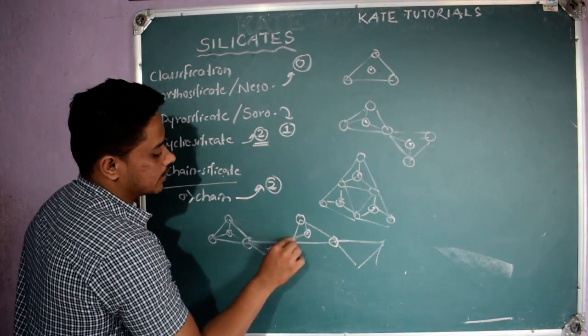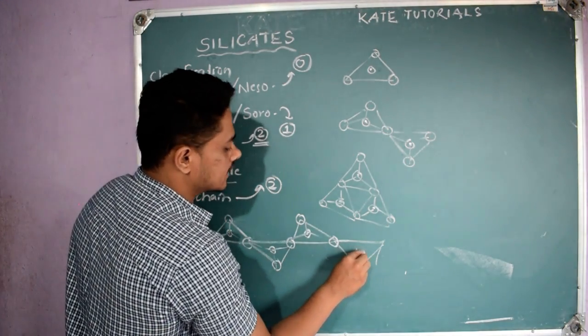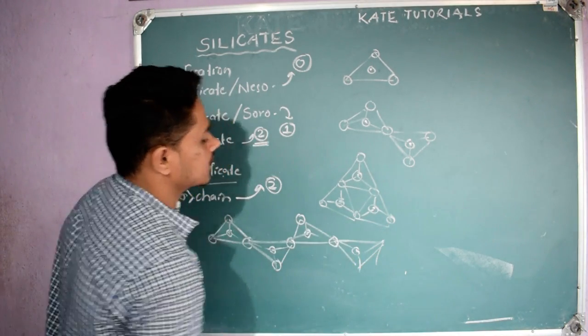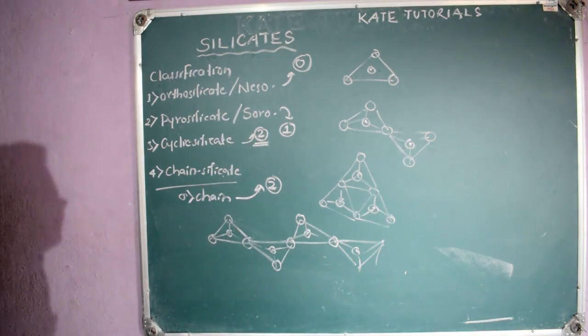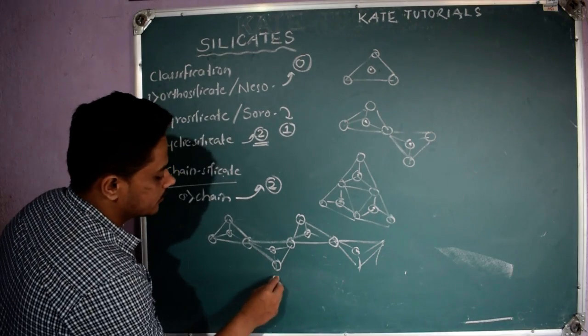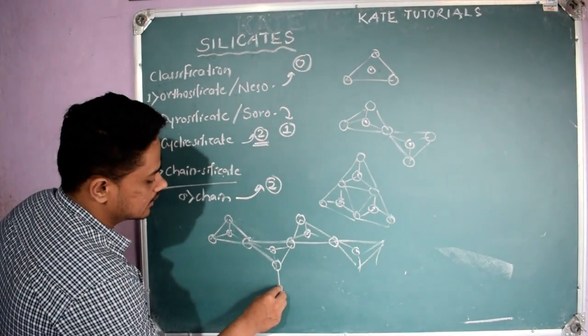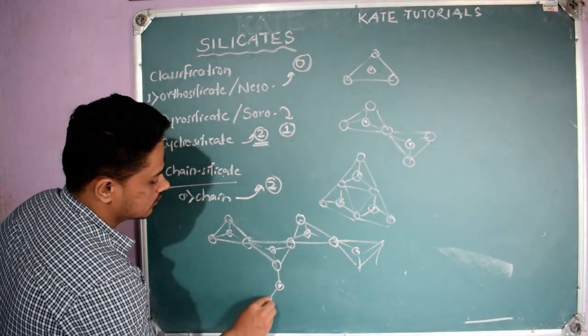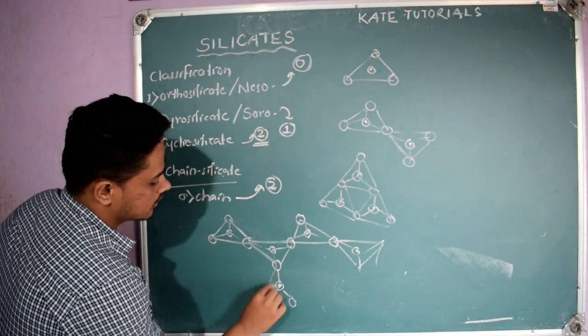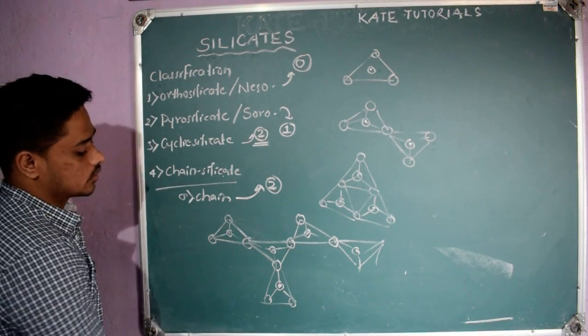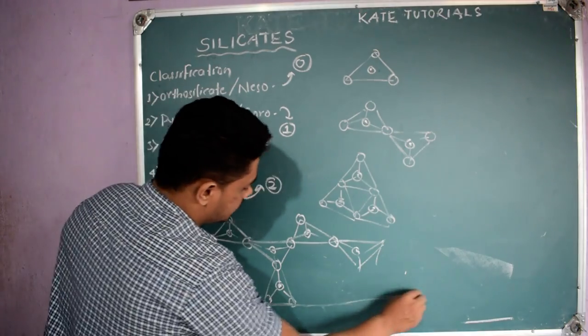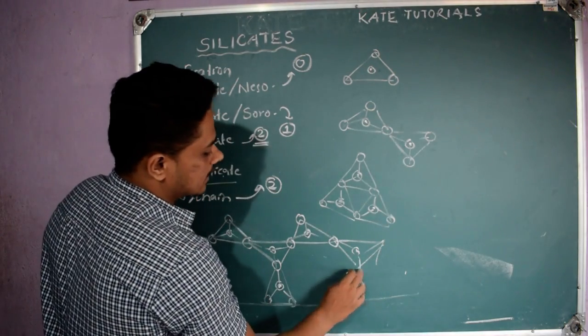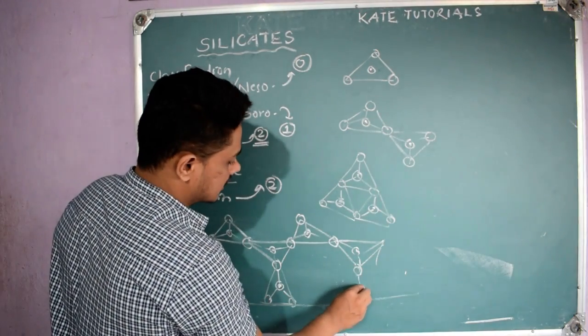So this is nothing but my chain silicates, in which 2 oxygens are shared. In sheet silicates, 1 more chain will come, in which this oxygen is again shared with silicon. So 1 unit like this. Here 1 more chain will come, and this oxygen is again shared with this silicon.